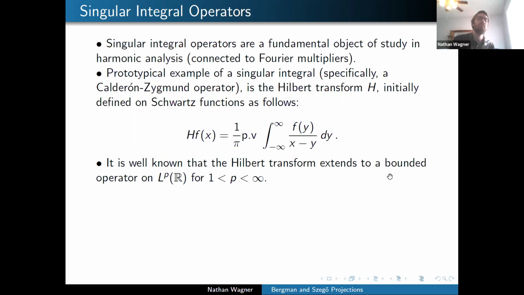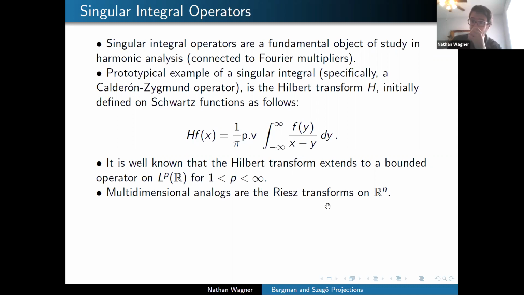So it's well known that the Hilbert transform extends to a bounded operator on L^p for p between 1 and infinity. I already mentioned the Hilbert transform on the circle being the harmonic conjugate operator, and this is true on the line too. Let me say first that the multi-dimensional analogs of the Hilbert transform in R^n would be the Riesz transforms.